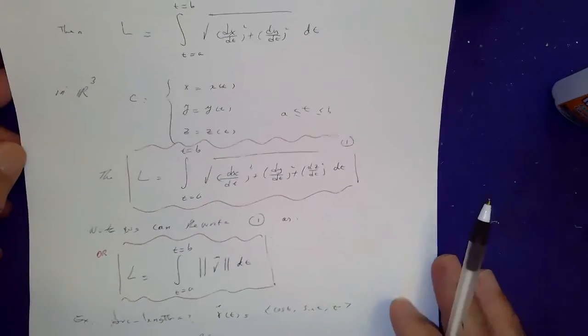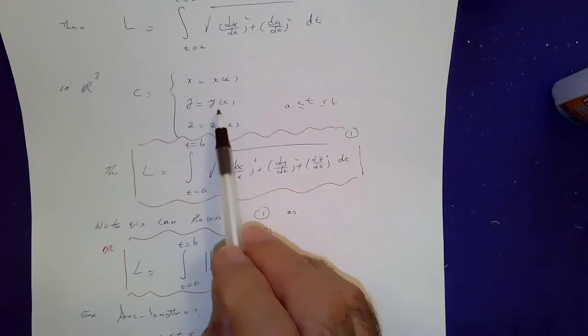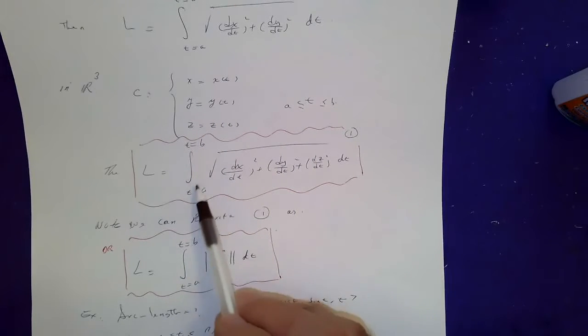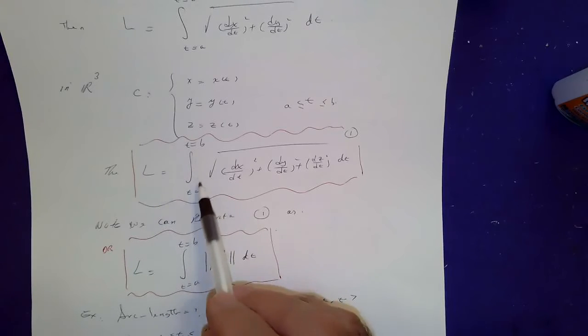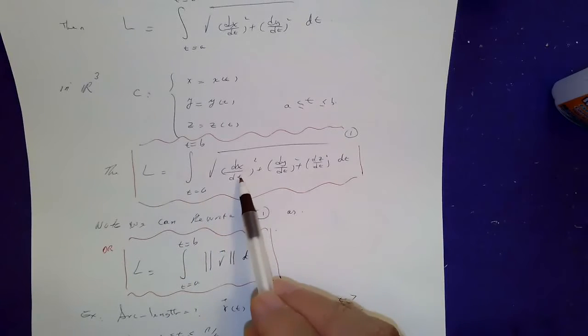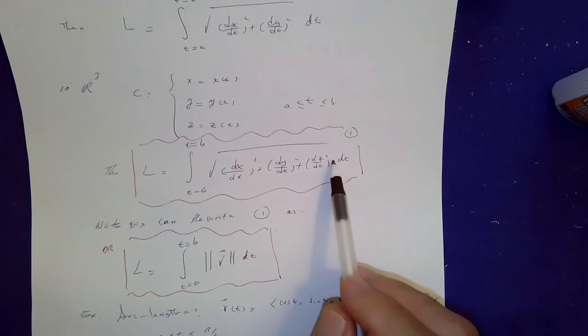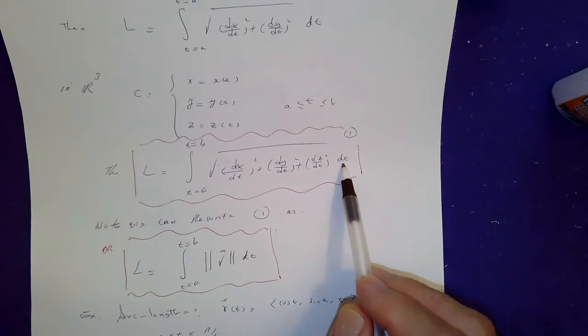In 3 dimensions, let's say this is the parametric equation of a curve, where t goes from a to b, then the formula becomes L, which is the arc length, equals the integral of the square root of dx dt squared plus dy dt squared plus dz dt squared. And then the integral is taken with respect to t.